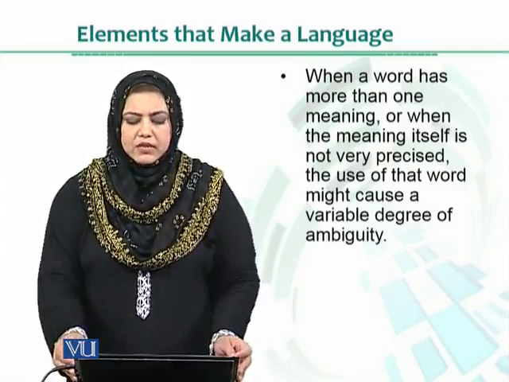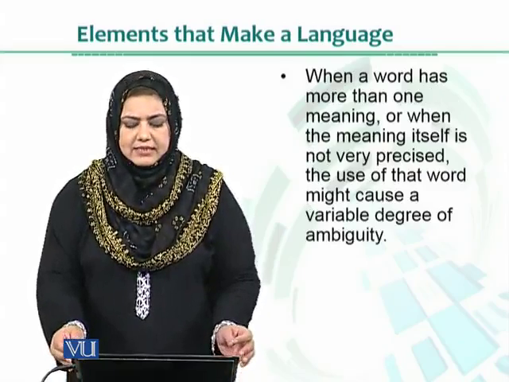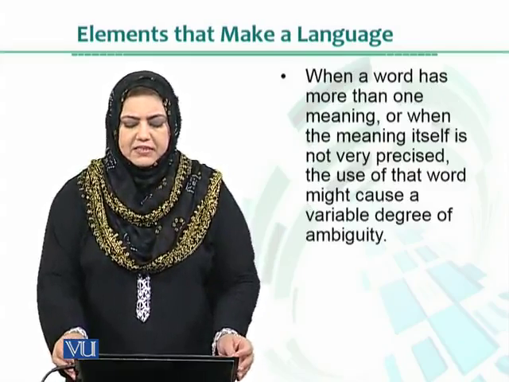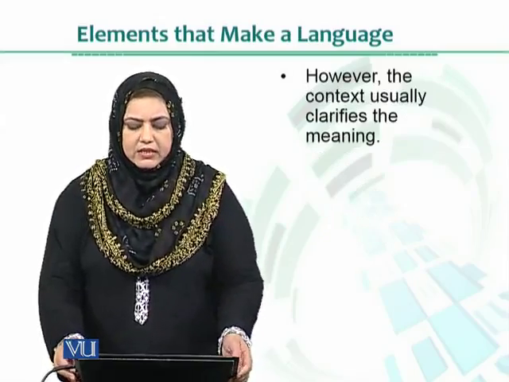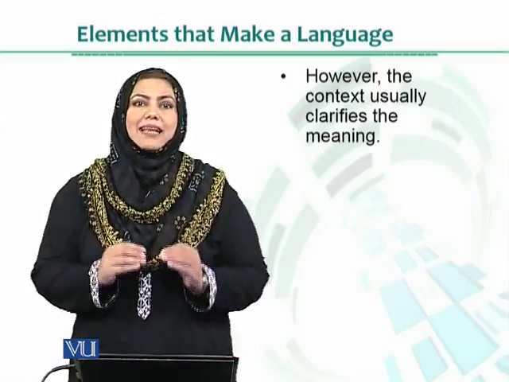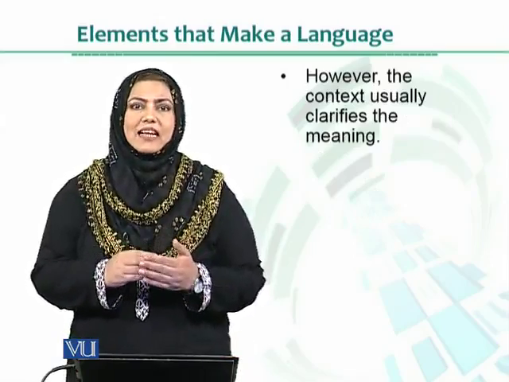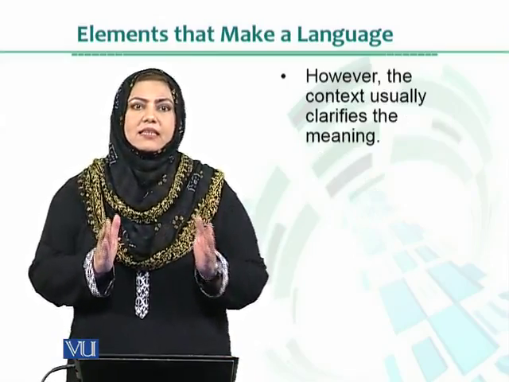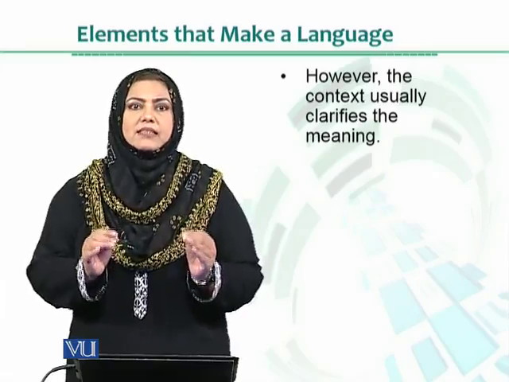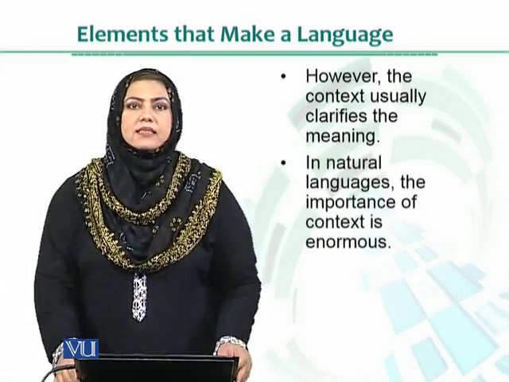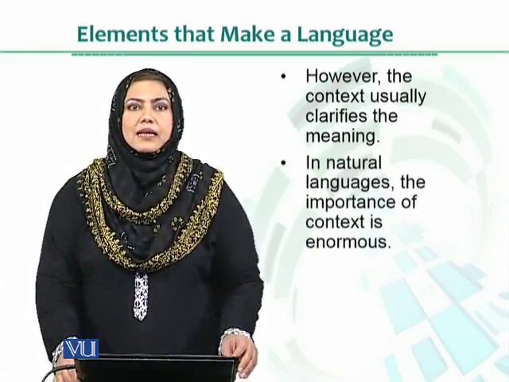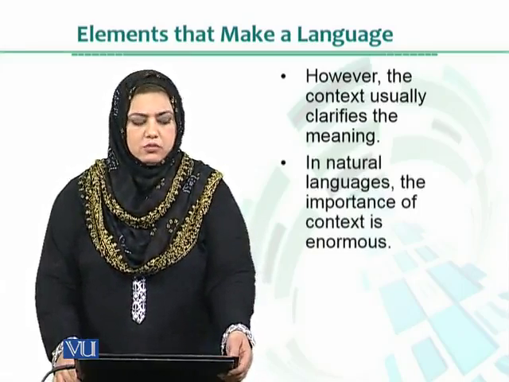When a word has more than one meaning, or when the meaning itself is not very precise, that leads to a variable degree of ambiguity. However, what clears that ambiguity is the context that tells us what exactly the sender means. This is why great significance is attached to context.